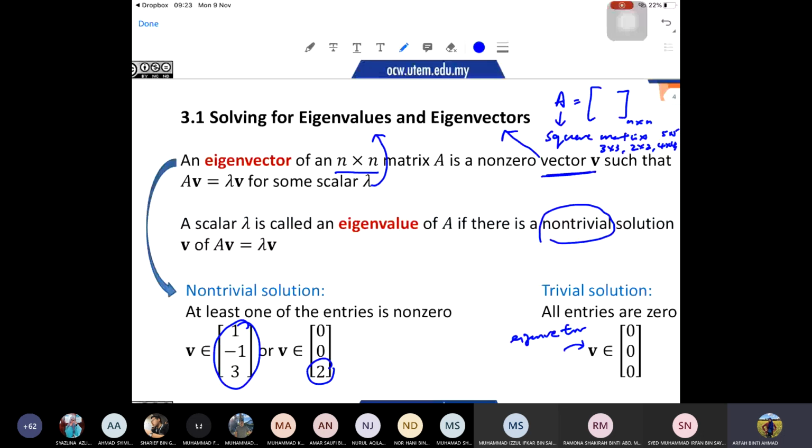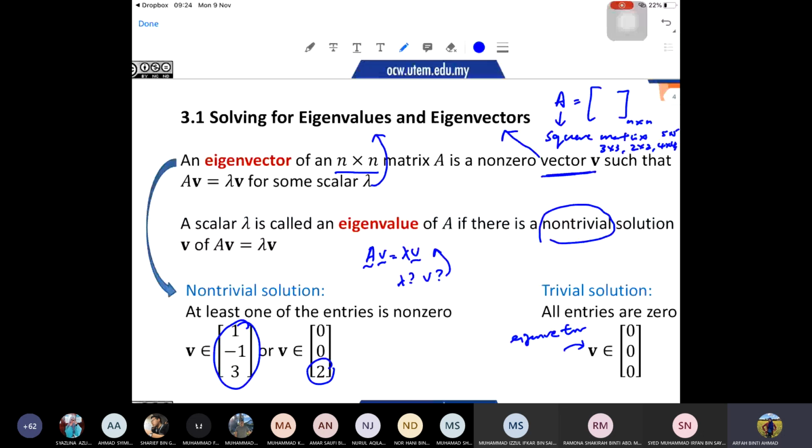Maksudnya kita nak cari, awak ada matrix A. Dari matrix A kita dah ada equation of AV sama dengan lambda V, yang mana V ni adalah vektor dan A adalah satu matrix. So awak nak dapatkan apakah nilai lambda dan apakah nilai V, yang mana lambda dan V ini adalah eigenvalue dan eigenvector bagi matrix A. Okay, clear so far?